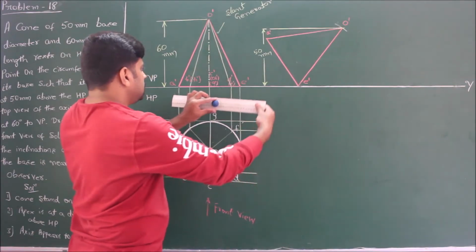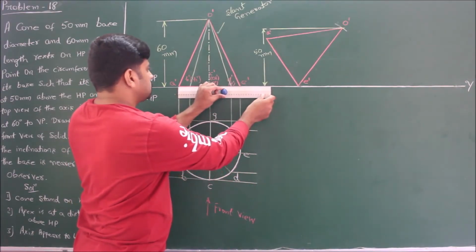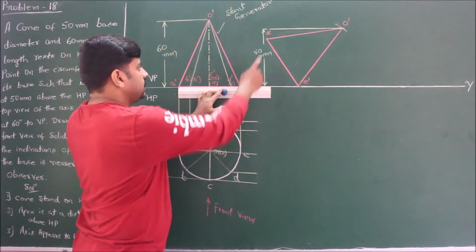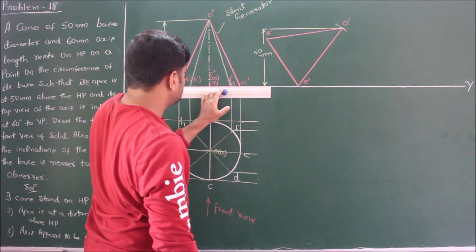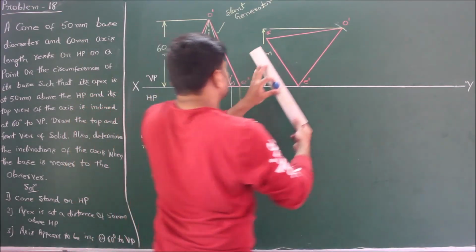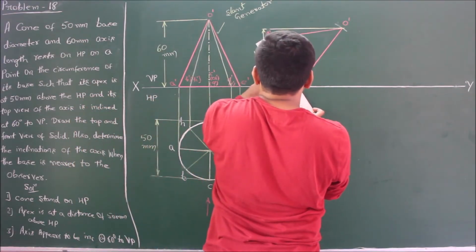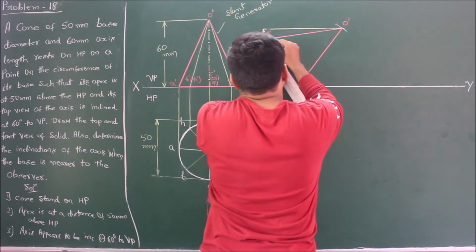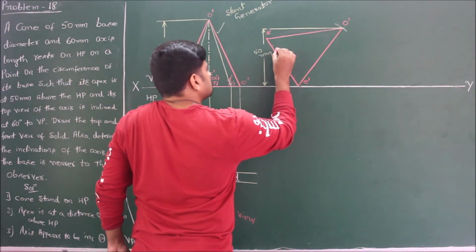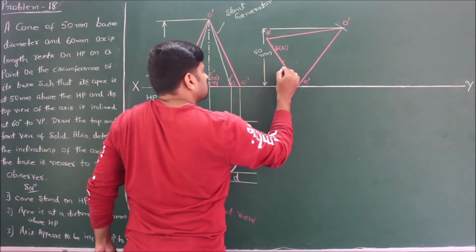Now measure these points on the circumference and transfer them. Thereby I have transferred B prime, H prime.